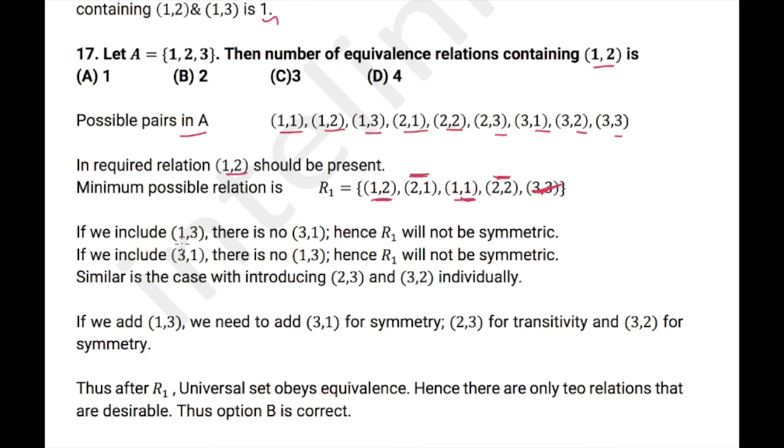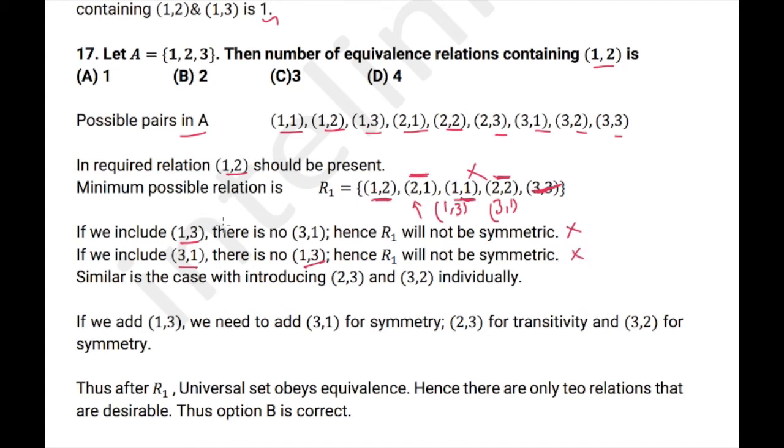If we include (1, 3) in this relation, then you will find that (3, 1) is not available here, and hence it is not symmetric. If we include (3, 1), there is no (1, 3) here, and hence R1 will not be symmetric.